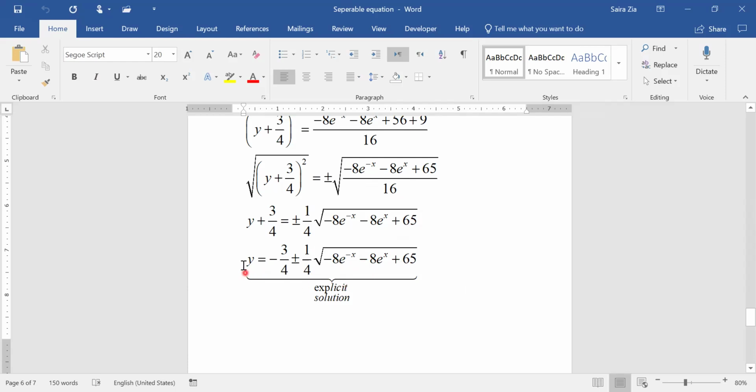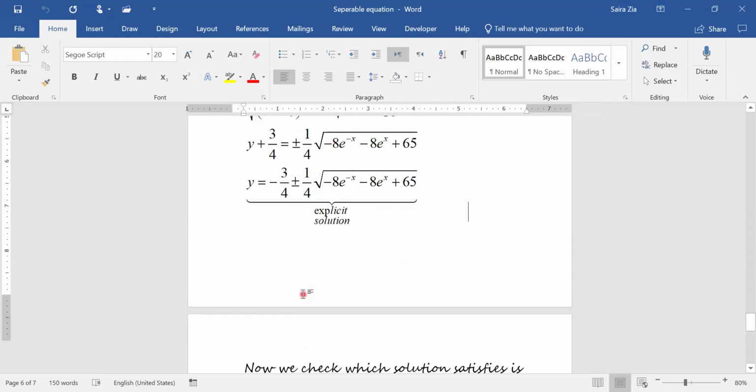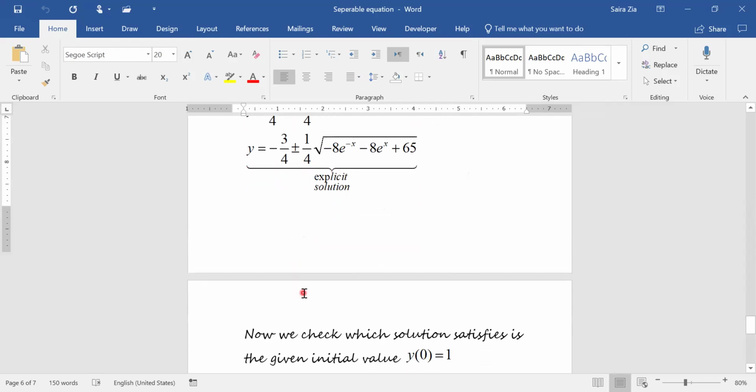So now we can get y in terms of x terms and constants on this side. This is called the explicit solution. So this is how we can get the explicit solution of the given differential equation.